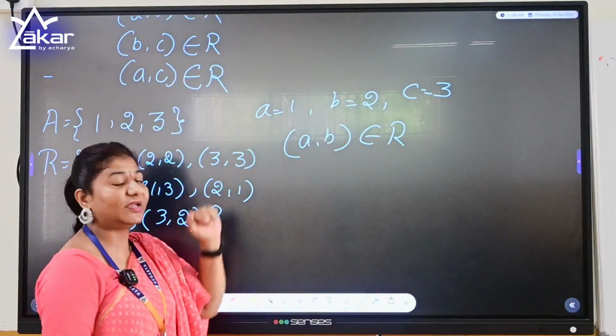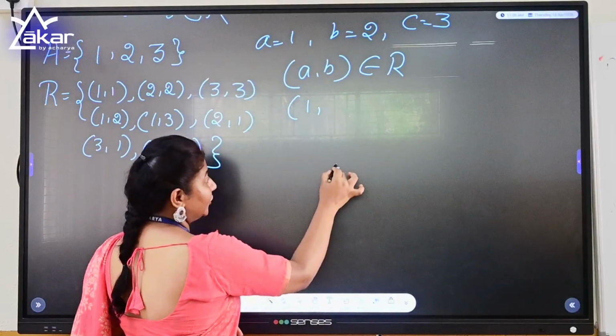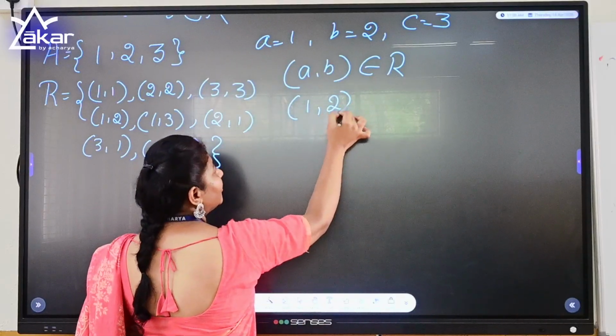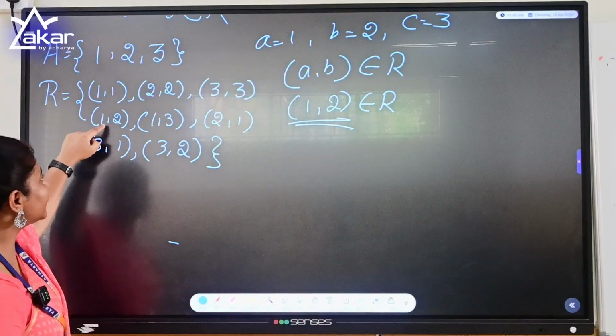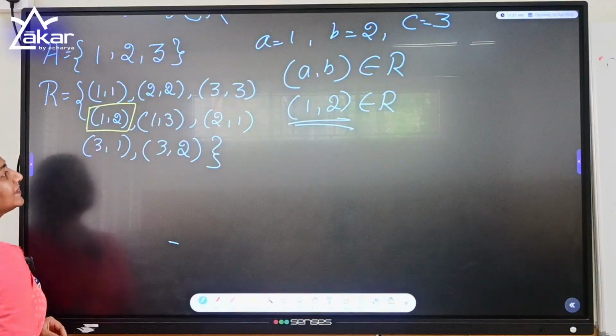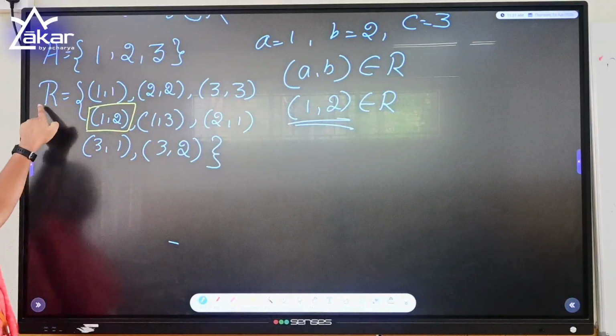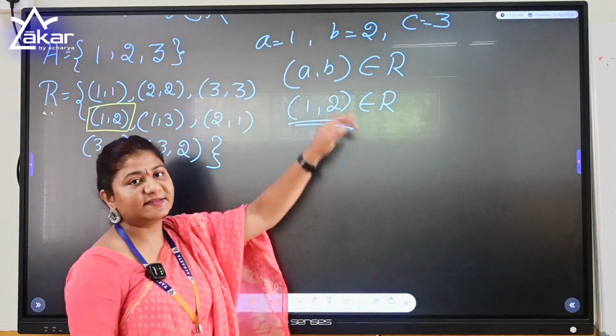What is the element of A here? 1. And what is the element of B here? 2. Is 1 comma 2 belonging to R? Check the elements. Yes, 1 comma 2 is present, so 1 comma 2 is satisfied.